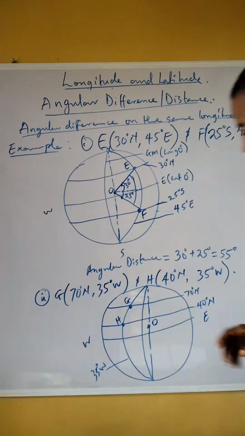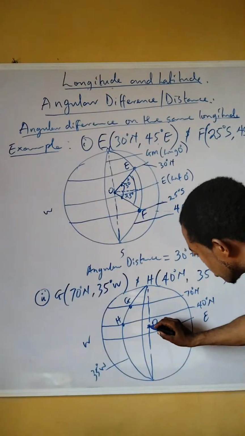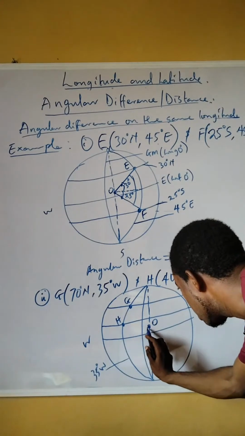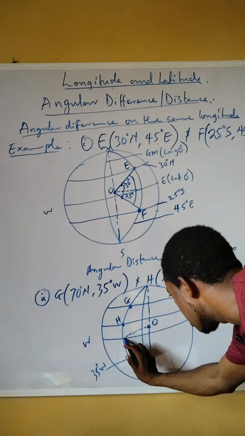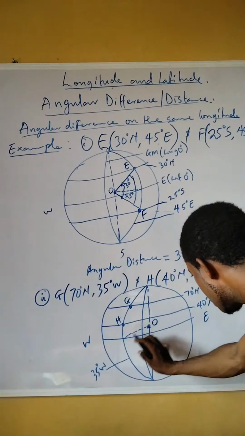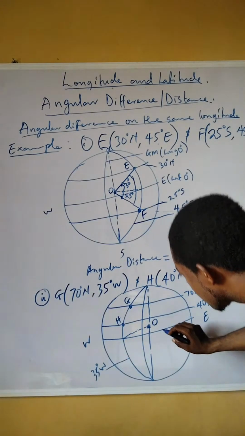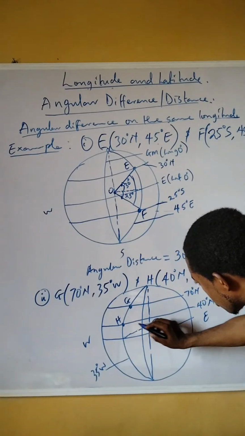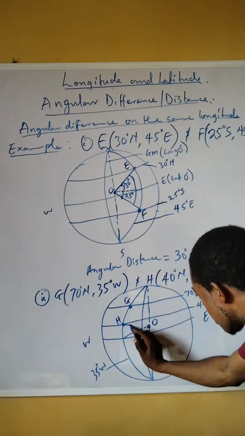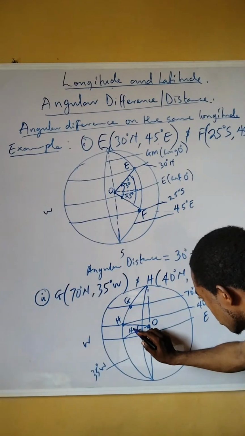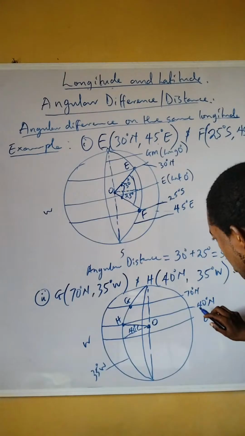Now, I believe we can see. So let's look at this clearly. From this center, if we draw a line from here, that's the reference point because this is the equator, right? Then this angle from the center to this line H, if I draw this line like this, the angle is 40 degrees.